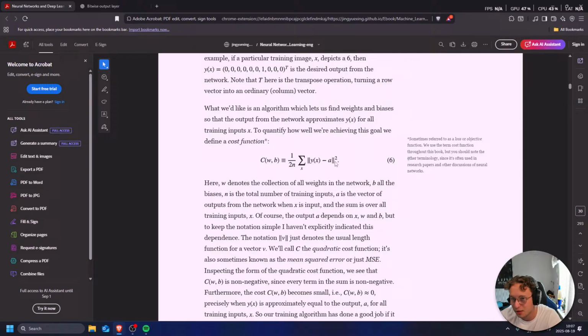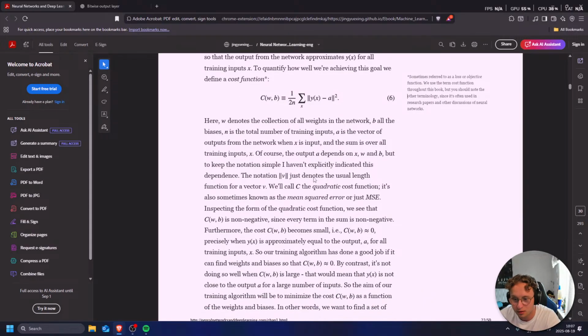If all of these terms go to zero, we basically have something multiplied by zero, which is equal to zero. Yeah, makes sense. So our training algorithm has done a good job if it can find weights and biases so that the cost is close to zero.